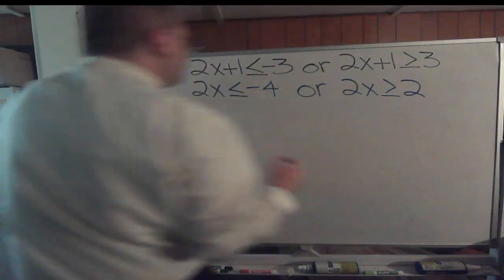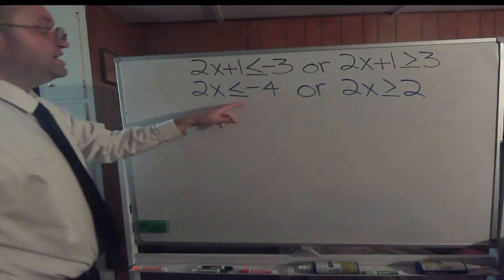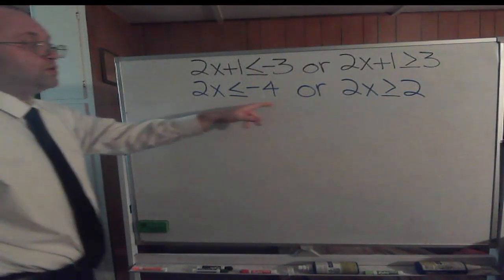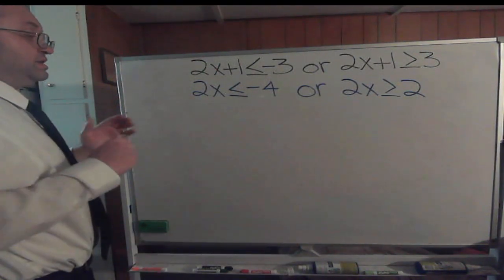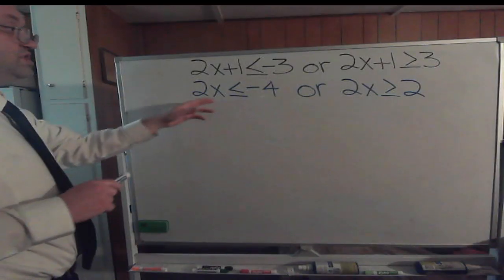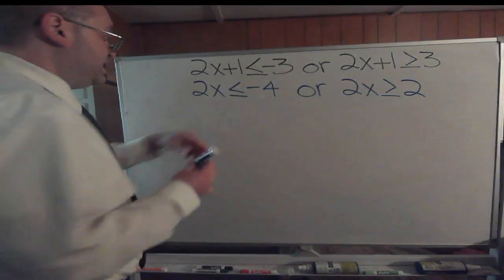So now you have 2x is less than or equal to negative 4, or 2x is greater than or equal to 2. Last step, of course, is to solve for x, so you divide both sides by 2.